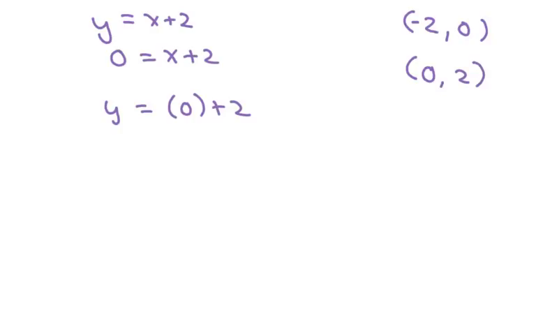There's no vertical asymptote, but we know in reduced form we have a hole, because remember we had x plus 2.